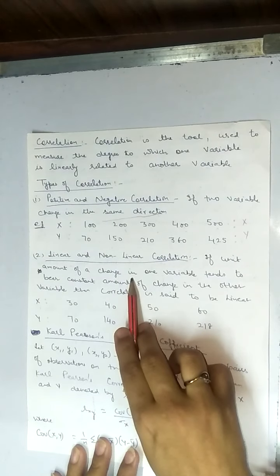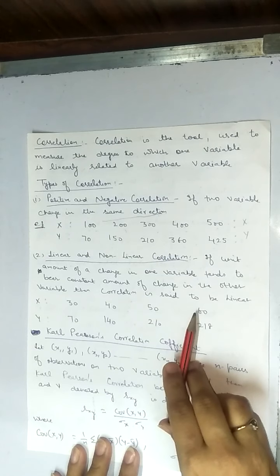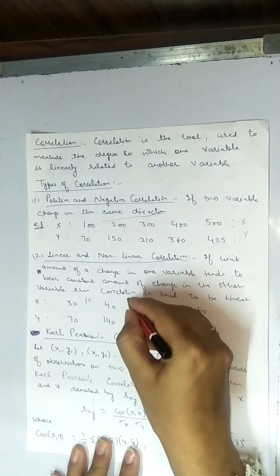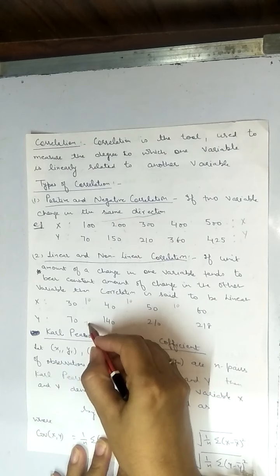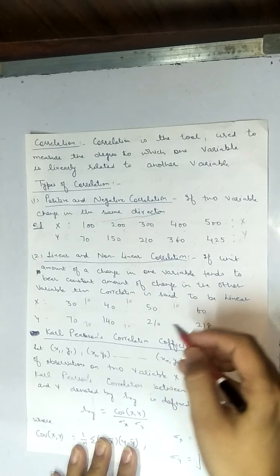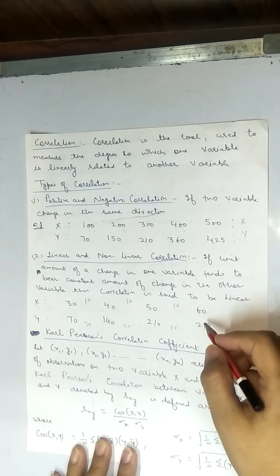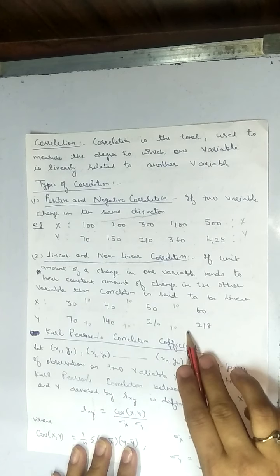That means the increment in x is the same for all observations, here the difference between every observation is 10, and the difference between every observation in y is also 70.